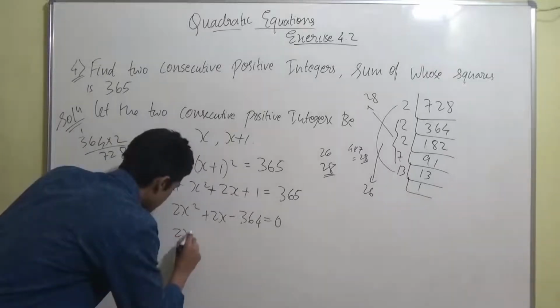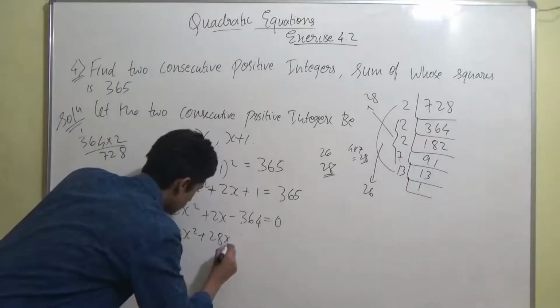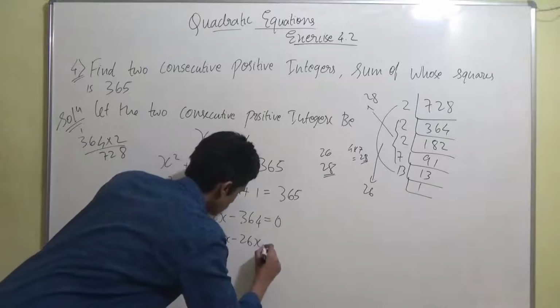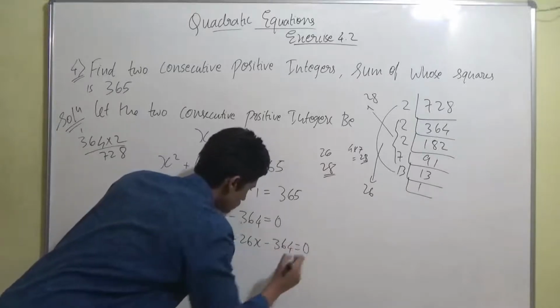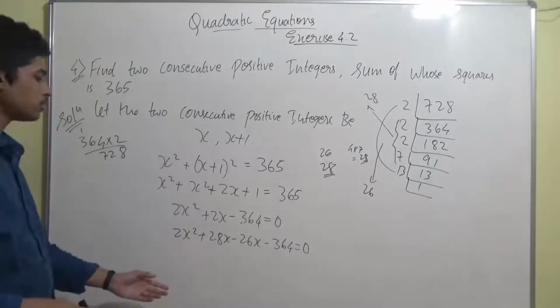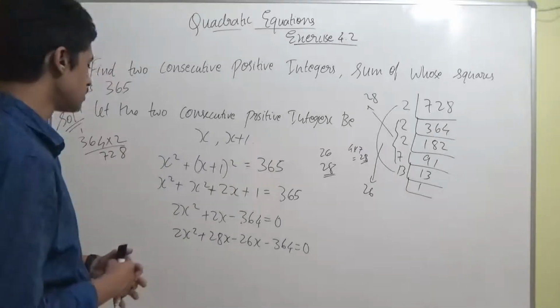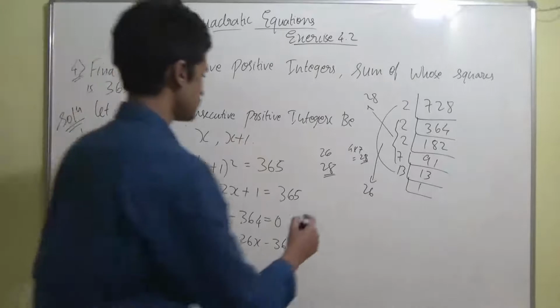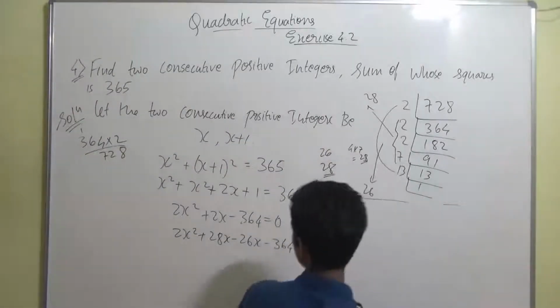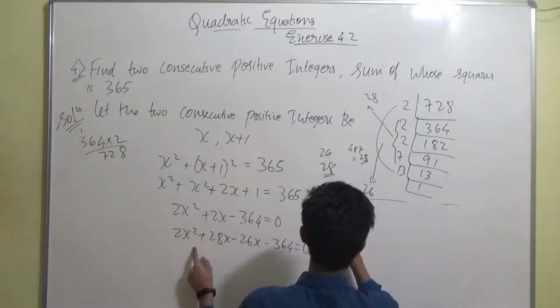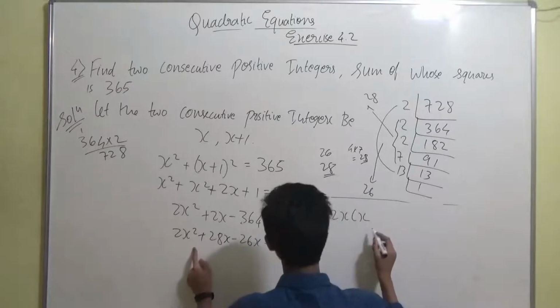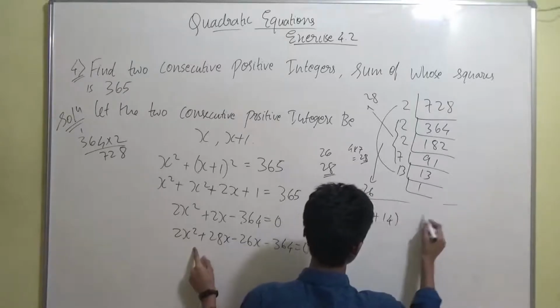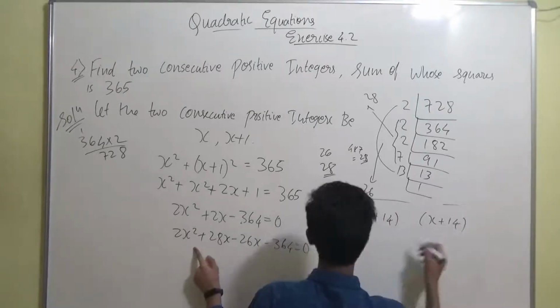So here we have to split like plus 28x minus 26x minus 364 equal to 0, right? Now we'll take the terms in common. I'll take 2x in common, becomes x plus 14. So you have to write x plus 14 as it is here as well.